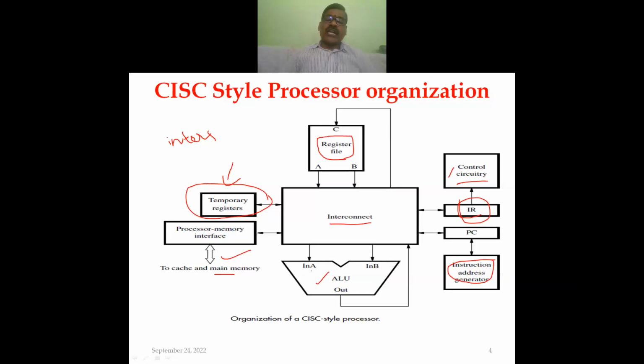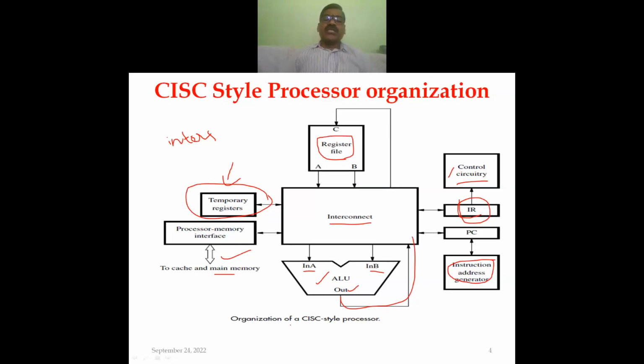As usual, in A and in B are the two inputs for the ALU, and out is the output, which is again directed to the interconnect. The interconnect is responsible for storing that output either into the register file or into the memory address. Fine, so this is the simplest organization of CISC style processors.